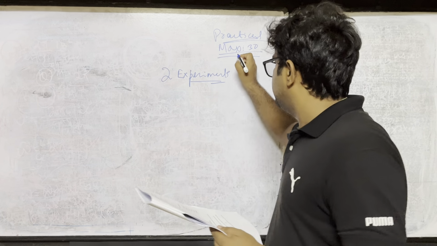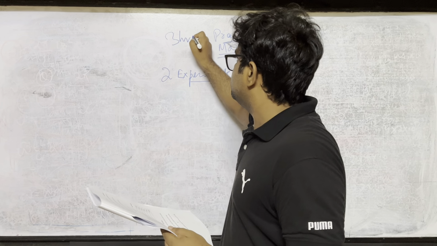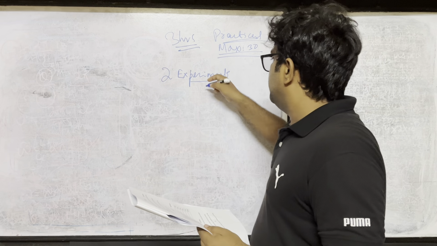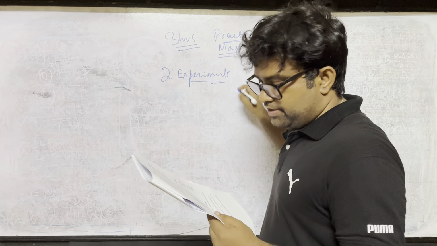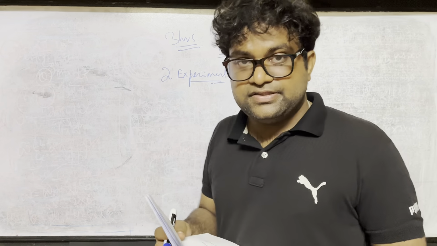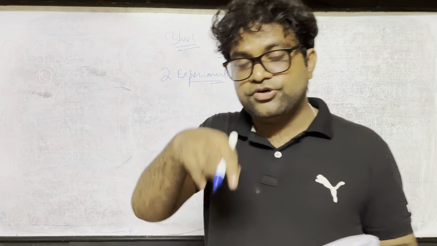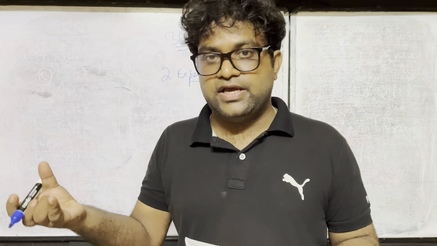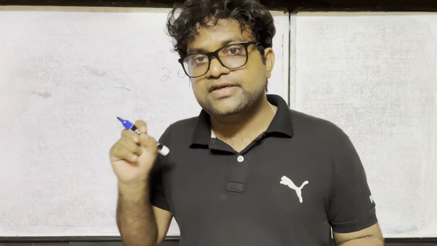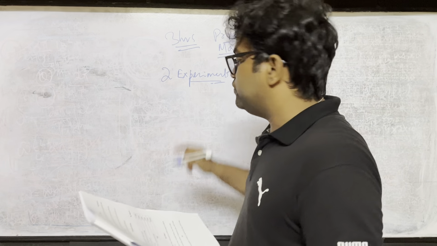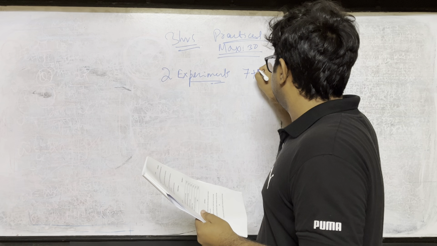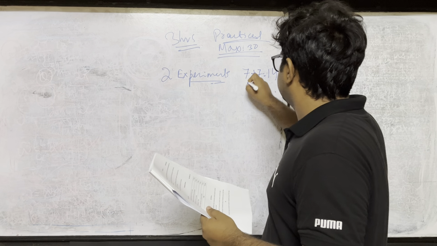The exam will be 3 hours, and like your theory paper, you will also get an answer sheet from the CBSE, and in that answer sheet only you have to write the 2 experiments. So 2 experiments, 7 plus 7, that is 14 marks.